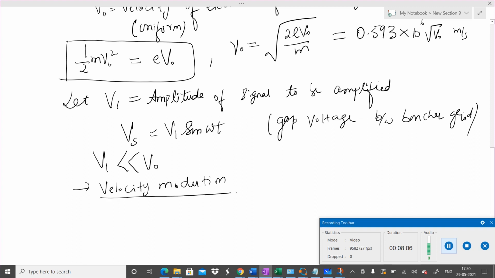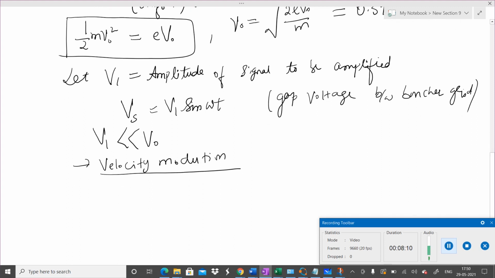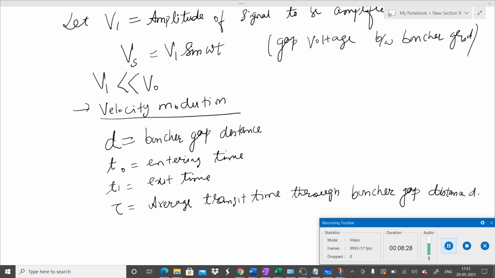To get insight into the velocity modulation, it is very important to know the time the electrons enter the puncture cavity, the exit time, and also the transit time through the puncture gap. First, some notation. d is the puncture gap distance.